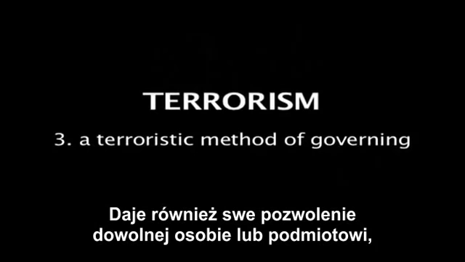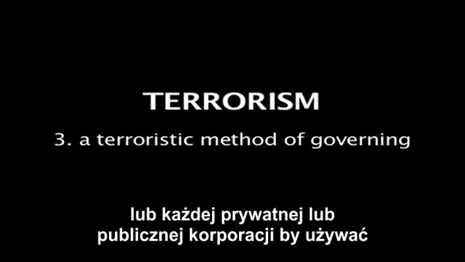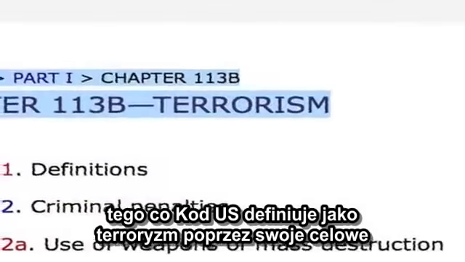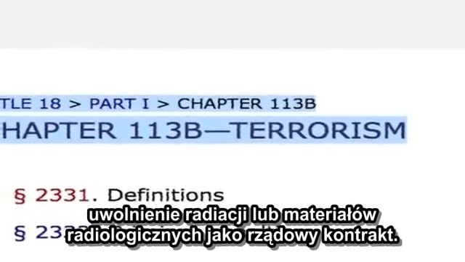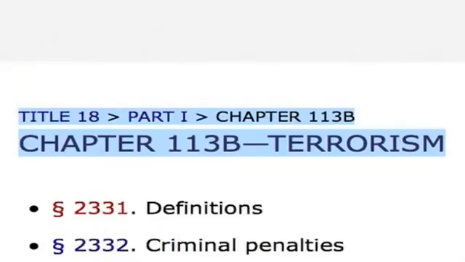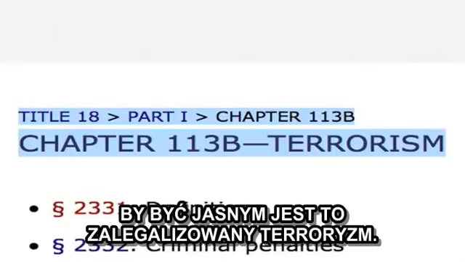It is also giving its permission to any person, entity, or private or public corporation to use what the U.S. Code defines as terrorism through their purposeful release of radiation or of radiological materials under government contract. To be clear, this is legalized terrorism.